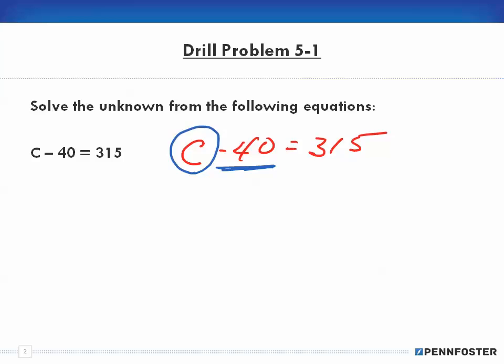The way to do that is, if I have a minus 40 and I add 40 to it, that makes it 0, so it cancels out. Remember, C plus 0 is equal to C.